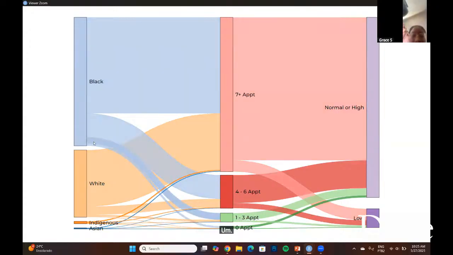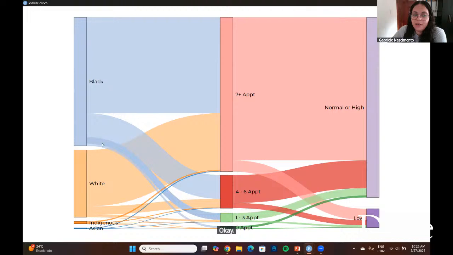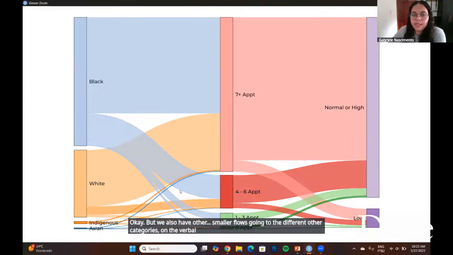But we also have other smaller flows going to the other categories of the number of appointments.